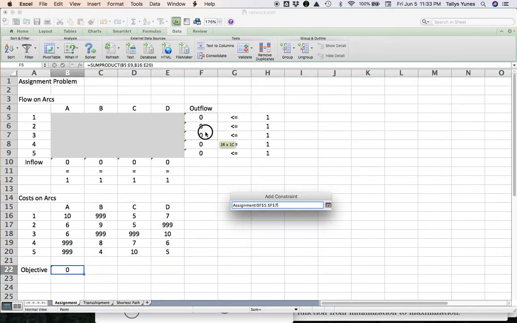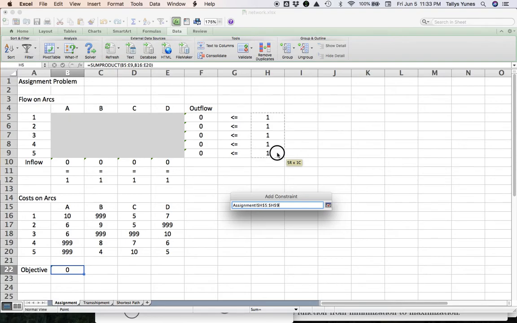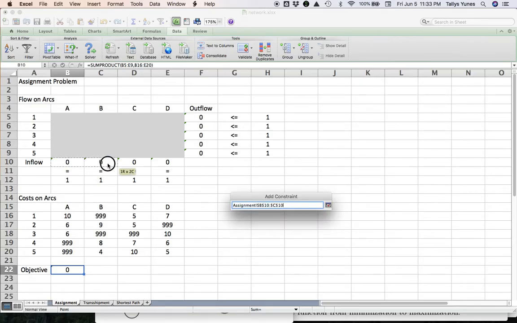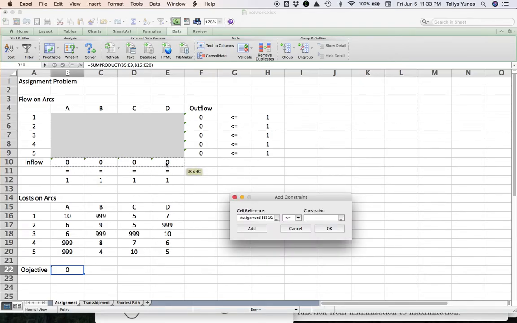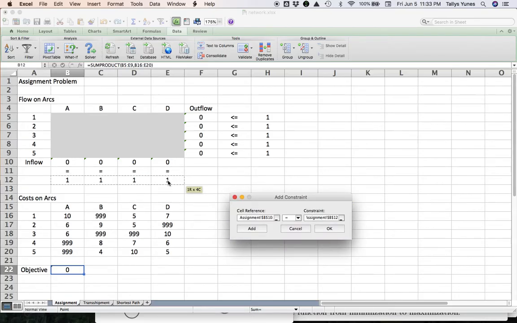What leaves the supply nodes, in this case the workers or the suppliers of service, is at most how much supply they have. In this case, each worker has 1 unit of service to provide. And what arrives into the demand nodes, this is how many workers are being assigned to each task, should equal what they want. And again, in this case, each task wants 1 worker.